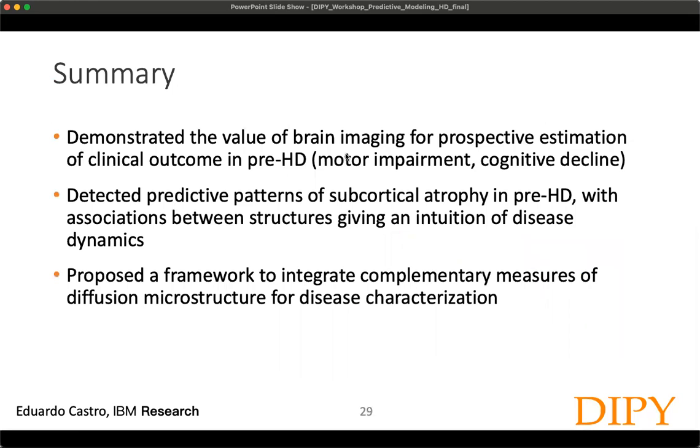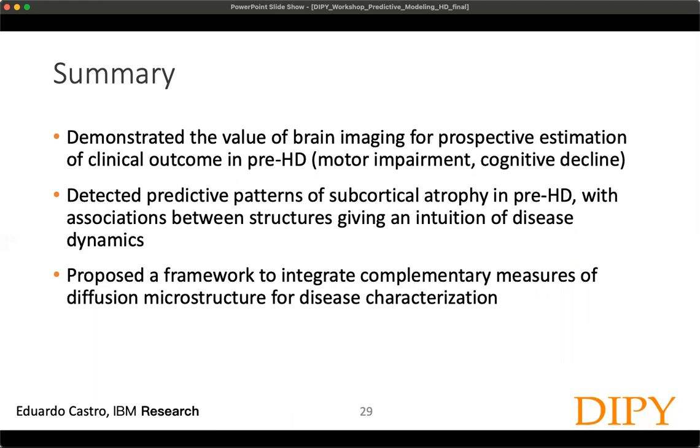So to conclude, first of all, I was able to demonstrate the value of brain imaging for prospective estimation of clinical outcome, both in terms of motor impairment and cognitive decline. Also, we detected predictive patterns of subcortical atrophy by incorporating multiple subcortical structures.